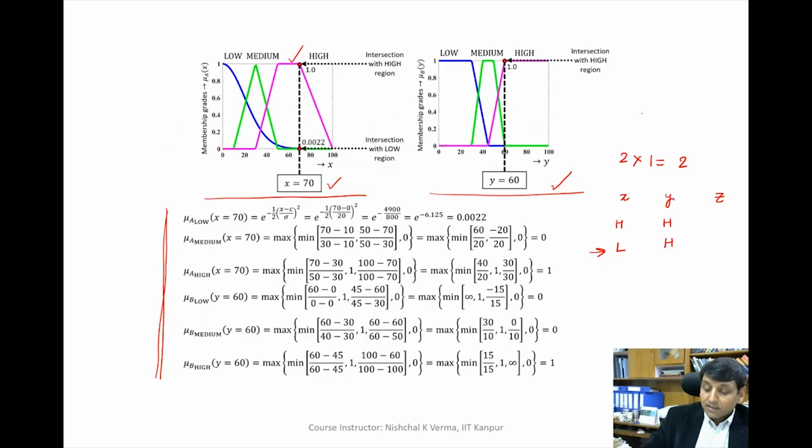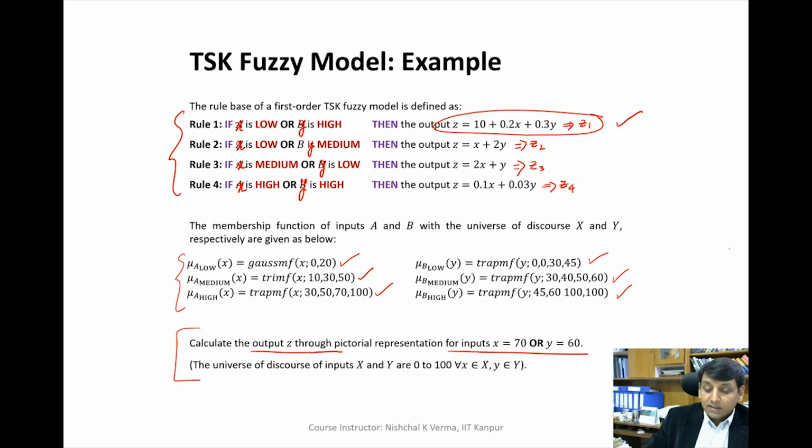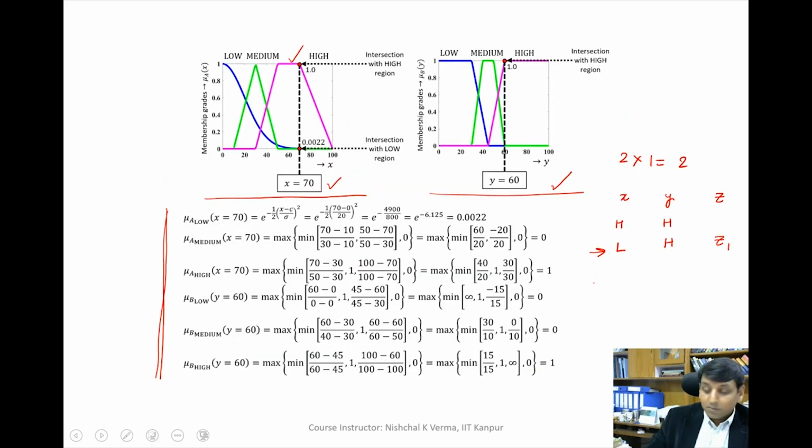So rule number 1 applies, and Z1 is defined as the output equal to 10 plus 0.2 x plus 0.3 y. Similarly, for the other case, high high, when x is high, the fourth rule is relevant. So rule number 1 and rule number 4 are relevant, and the output here will be Z4.